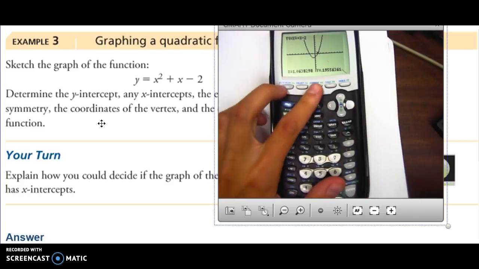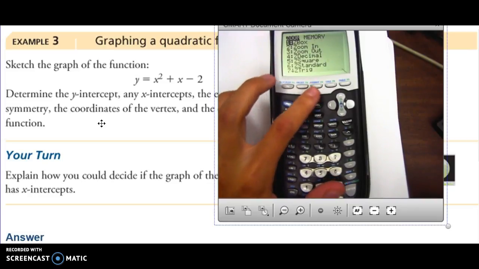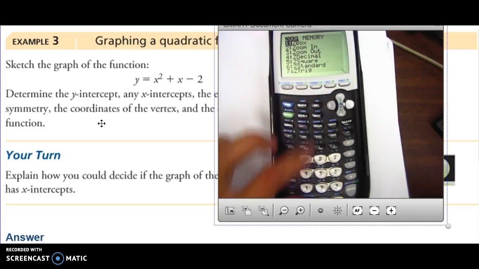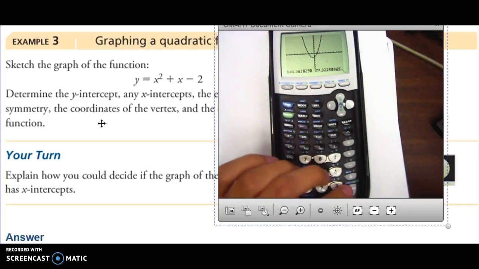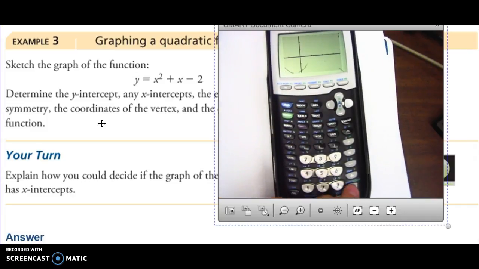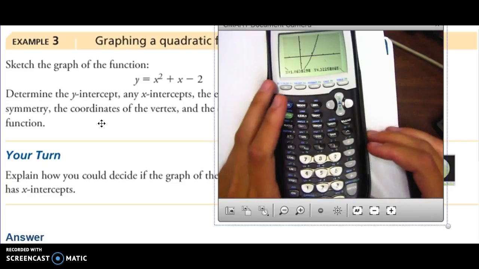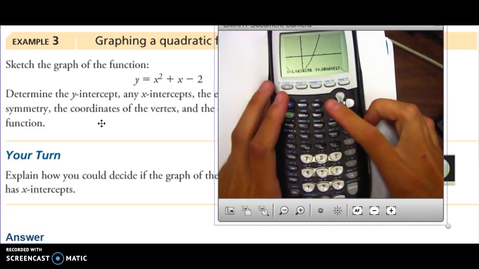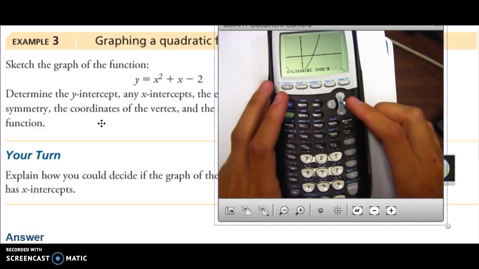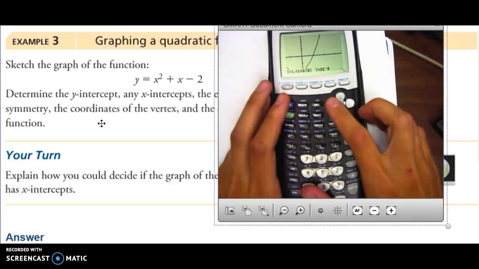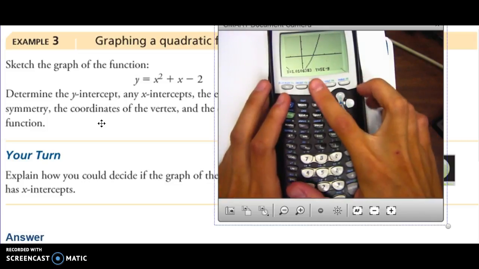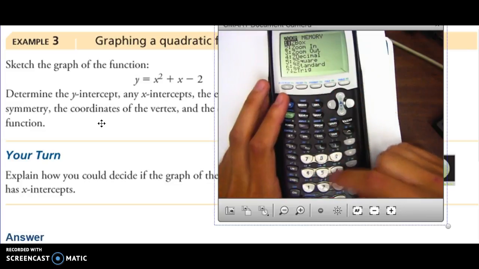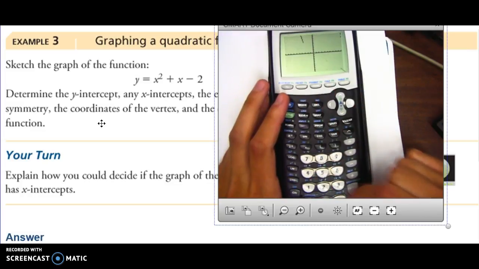Once I'm there, it looks like I'm in a good spot, but I can hit my zoom button again. If I hit 2 for zoom in and enter, it'll zoom in on the spot where I'm at. Now I notice I'm a little bit off, so I'll move over and I can see my x-intercept is 1. Then I'll go back to zoom standard, which was 6, and enter.